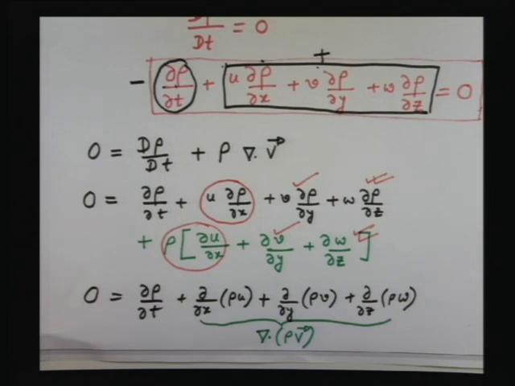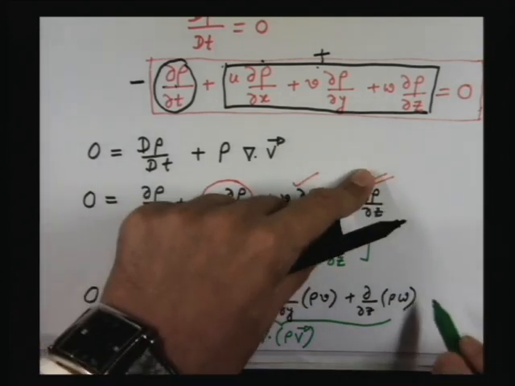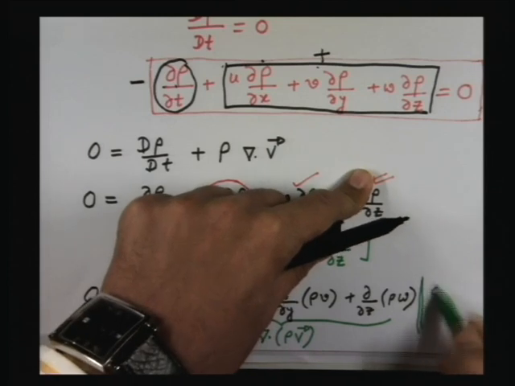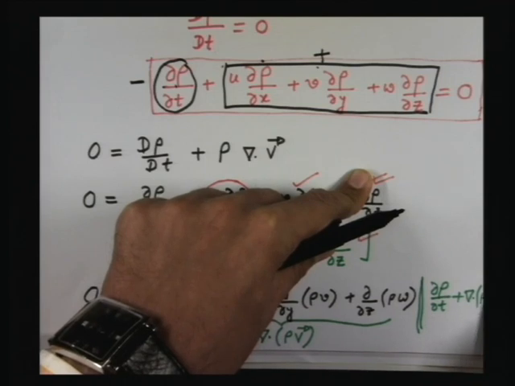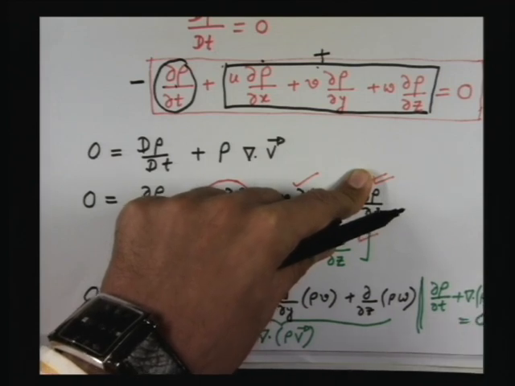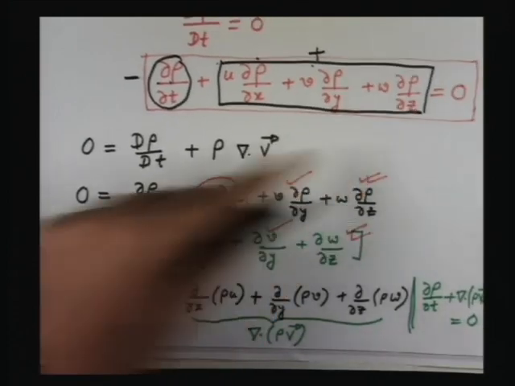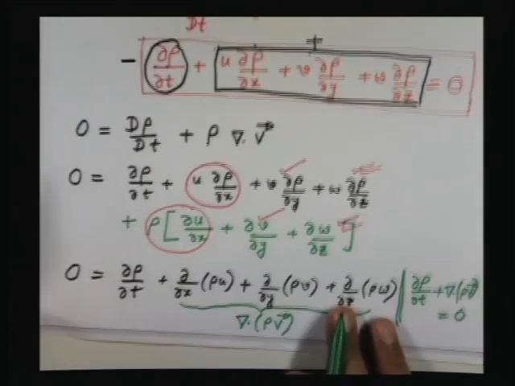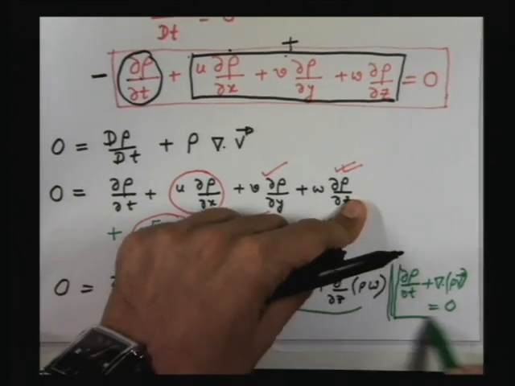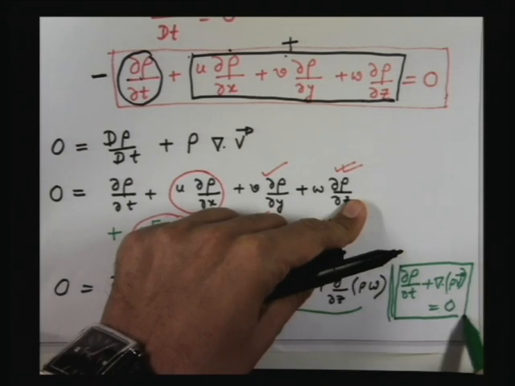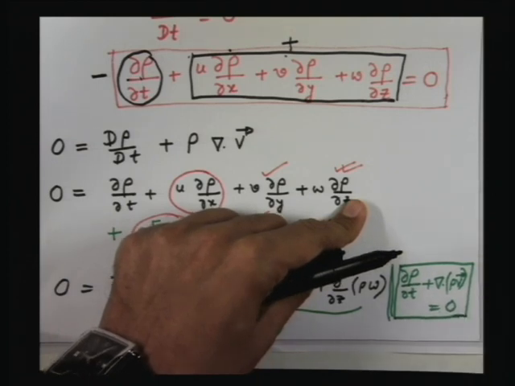So we are left with this equation: del rho del t plus del dot rho v equal to 0. This equation is known as the continuity equation.